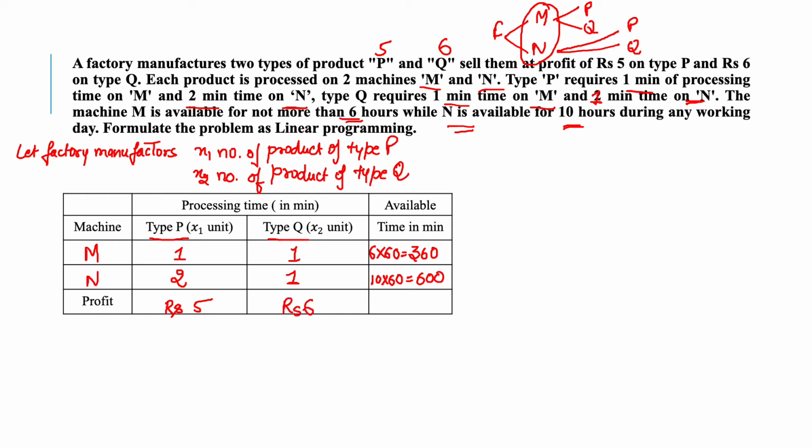So by using this table we will formulate our LPP. The first thing is that my objective is to maximize my profit P, which equals 5 into x1, the units of P we sell, plus 6 into x2. This is my objective function.